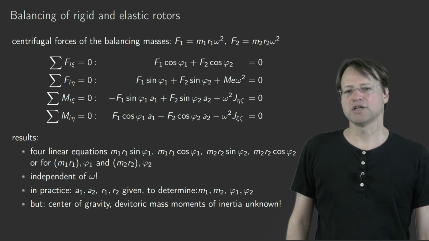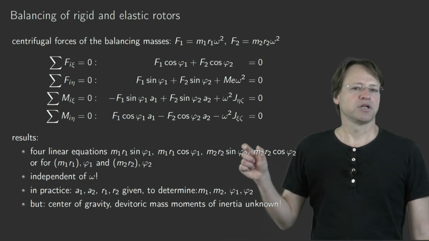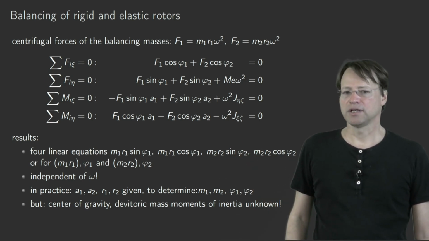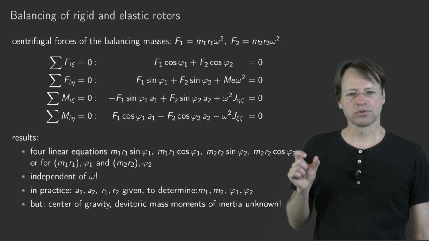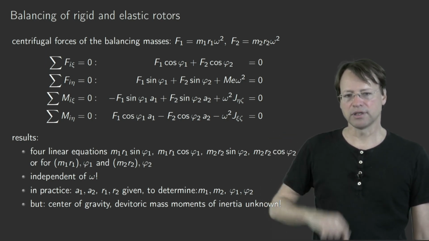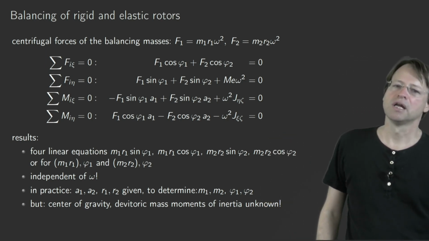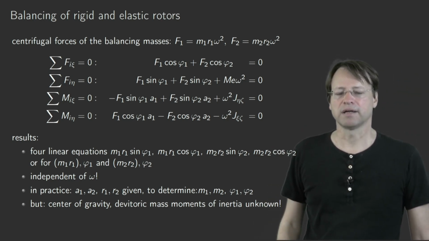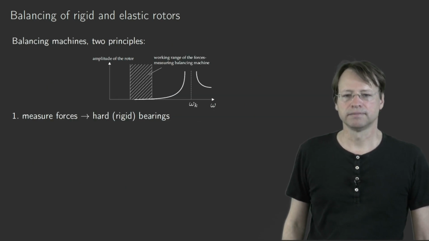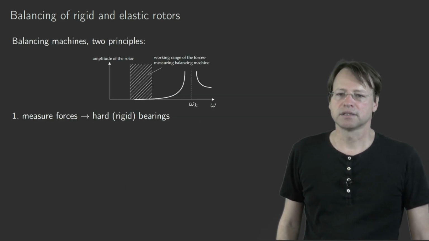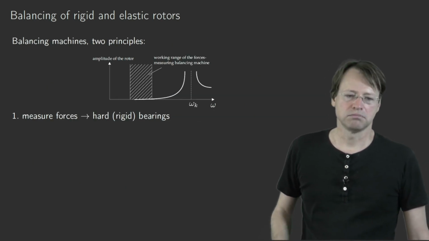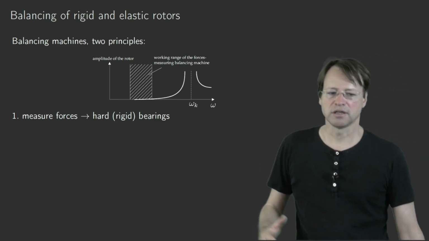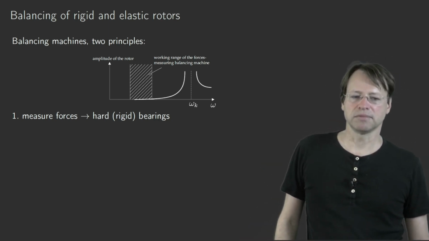So what could we measure here? Well, we can measure at the bearings, right? We can try to determine the force that acts on the bearing by measuring the forces, and we can also try to measure the displacements at the bearing. This is called the force measuring balancing machine and the displacement measuring balancing machine.